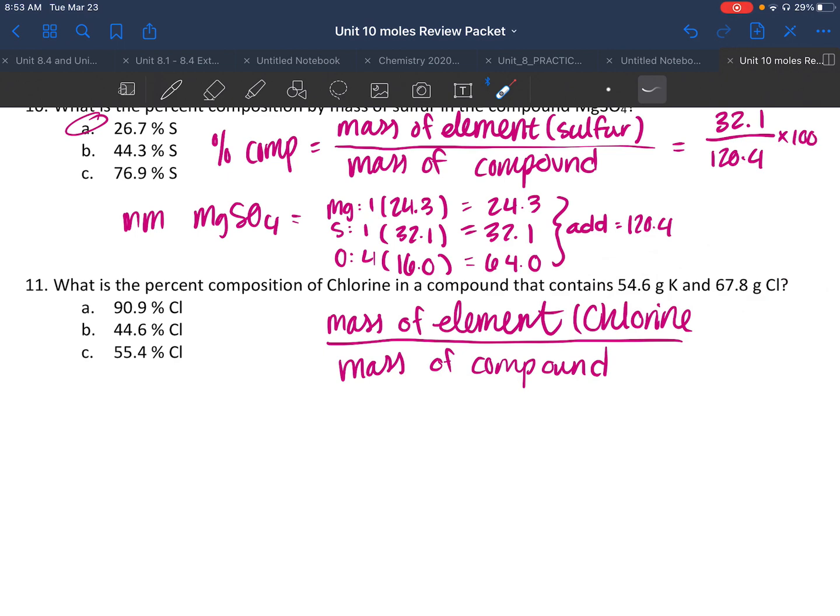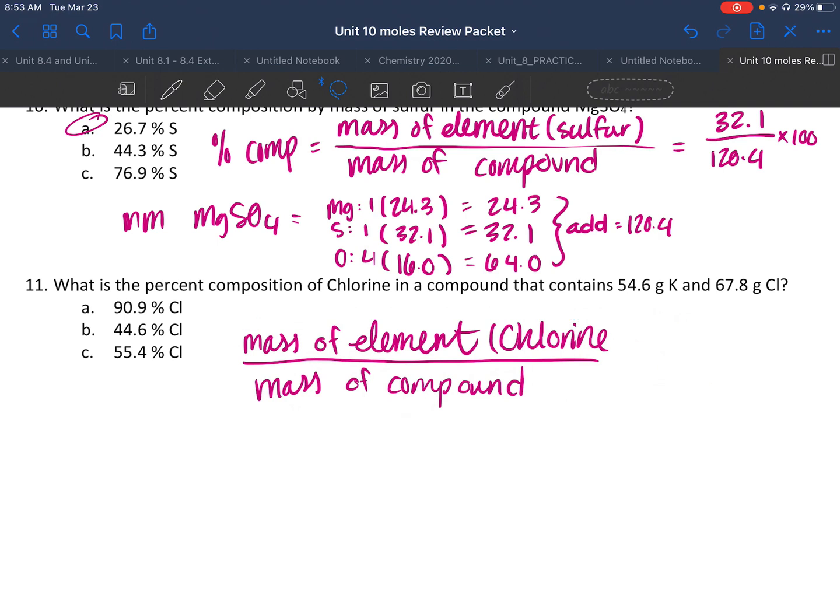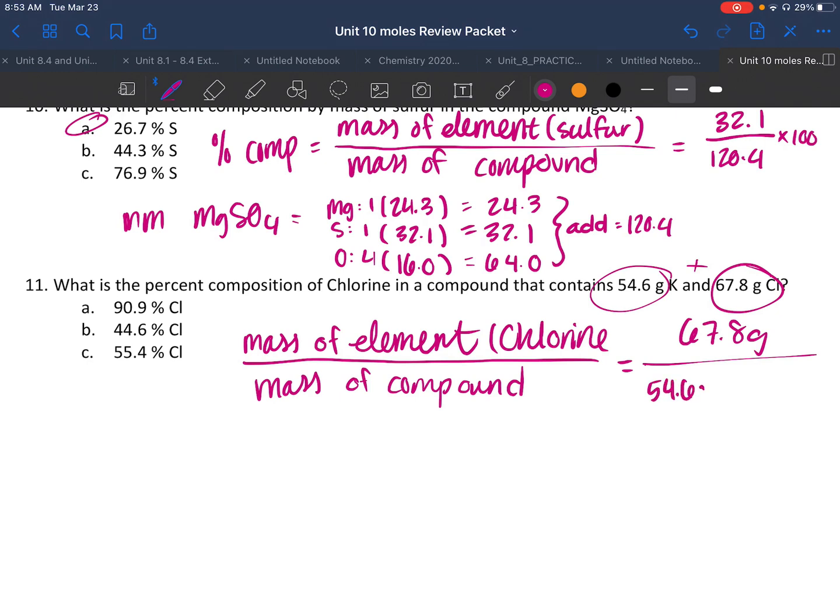Do not use molar mass when you're given masses like that. And so the mass of chlorine is just 67.8 grams. That's what it tells you. The mass of your compound is the mass of these 2 added together. So on the bottom, you have 54.6 grams plus 67.8 grams. And then if you multiply that by 100, you should get C as your answer.